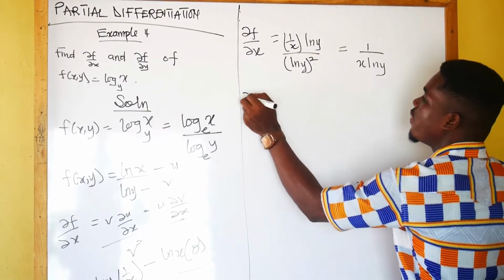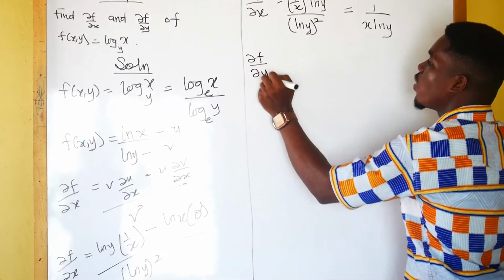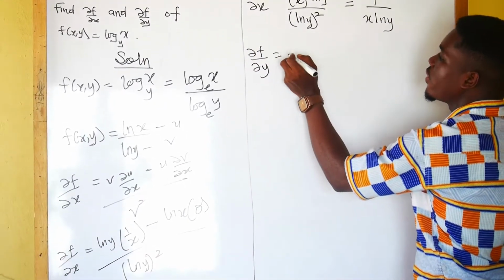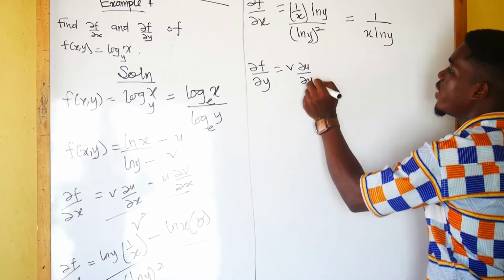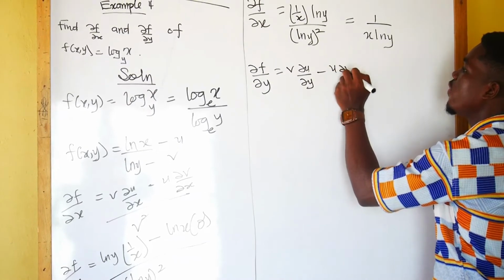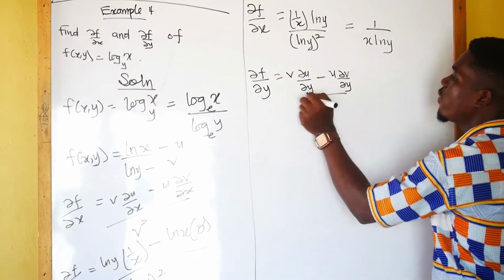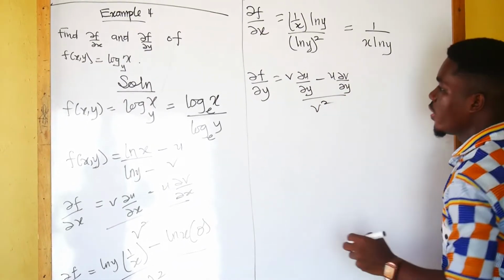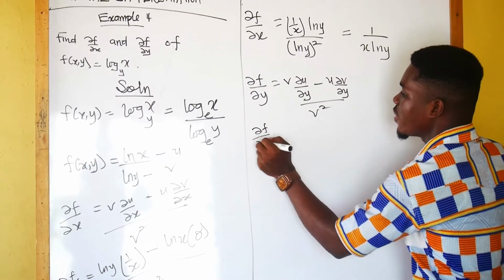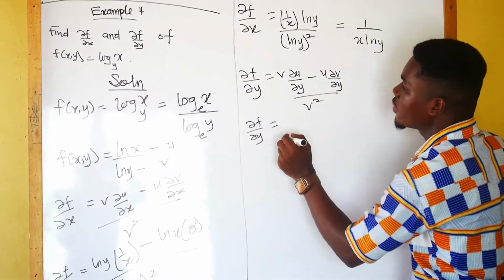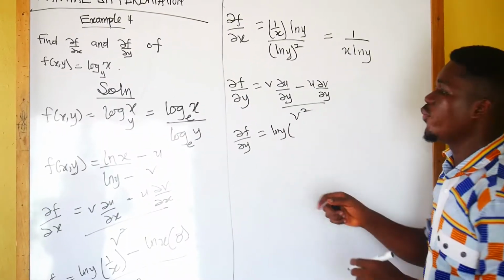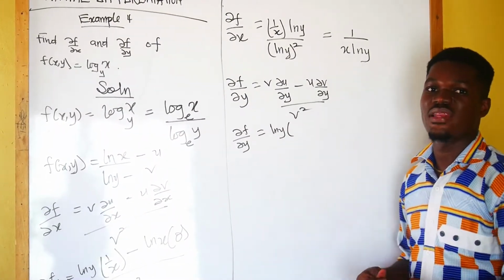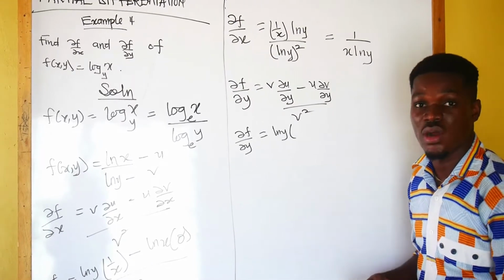Similarly, the partial derivative of this function with respect to y is given by, from the quotient rule, v del u del y minus u del v del y, all divided by v squared. So partial y is given by ln of y. This time we hold x constant since we are finding the partial derivative with respect to y.